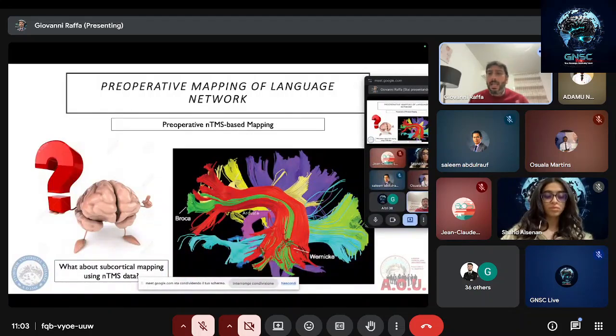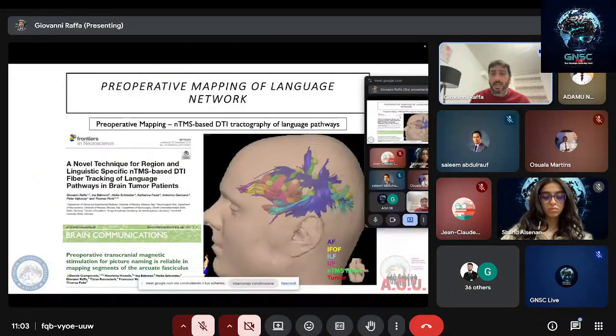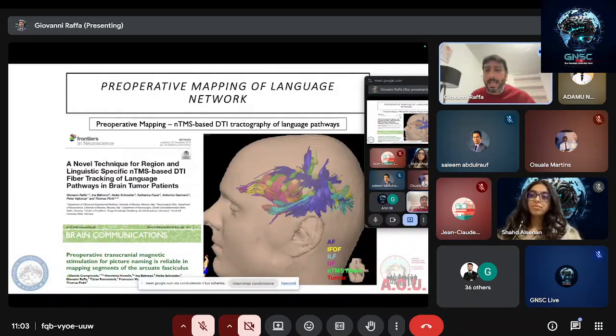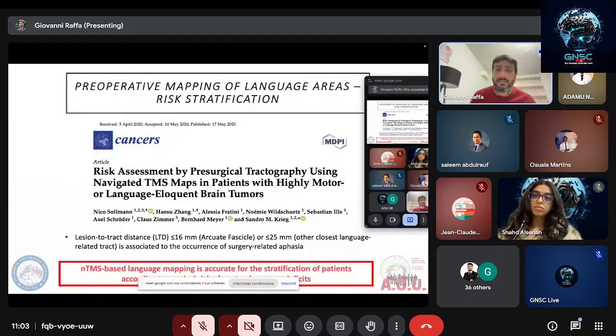negative language mapping. Again, even for language eloquent lesions, we need to verify the organization of the subcortical structures. This can be much more complicated than for the motor cortex, but it can be done using the NTMS spots as seeding region.